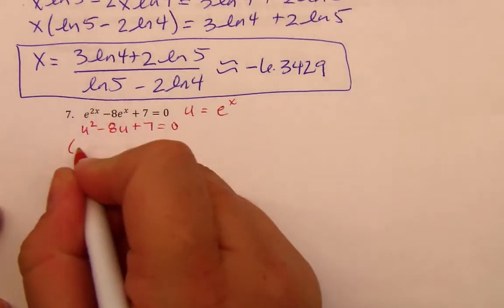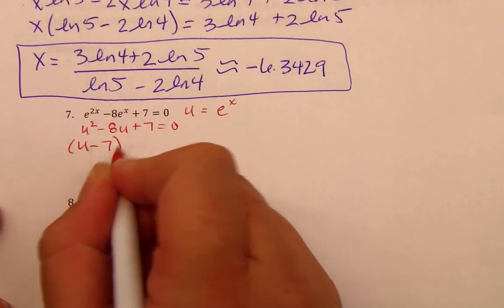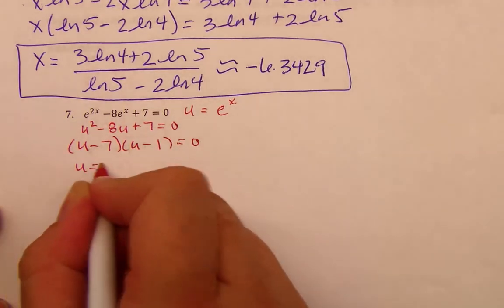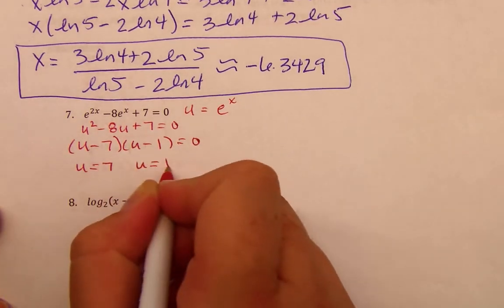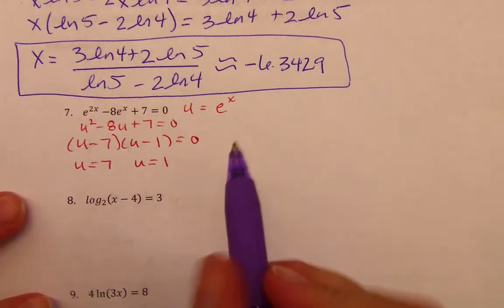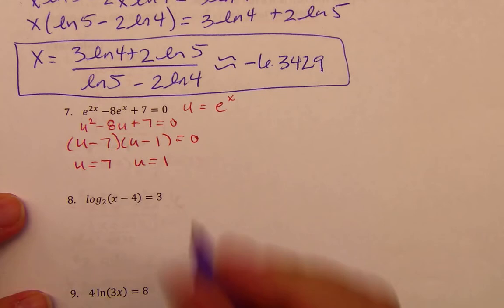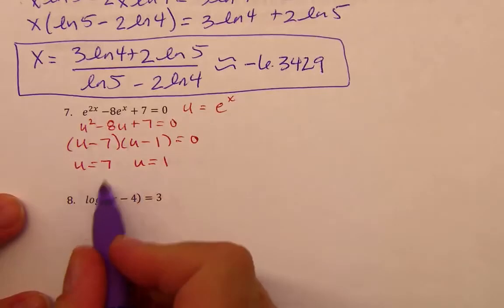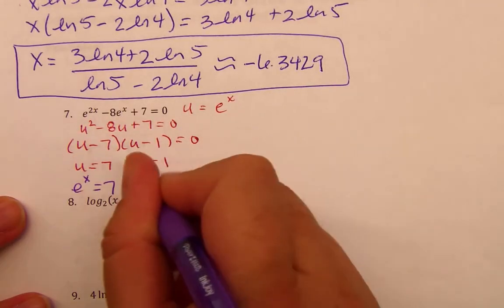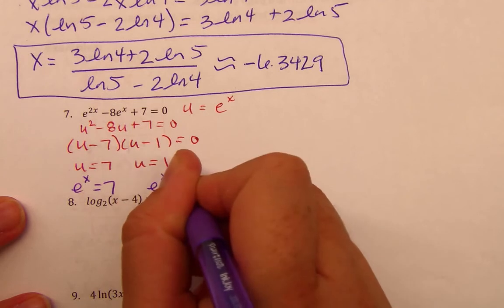And factoring this gives us u minus 7 and u minus 1 equals 0, u equals 7, and u equals 1. Well, we're not actually interested in u, we're interested in e to the power of x, or solving for x. So I'm going to write the equations that these actually are. It's e to the power of x equals 7 and e to the power of x equals 1.